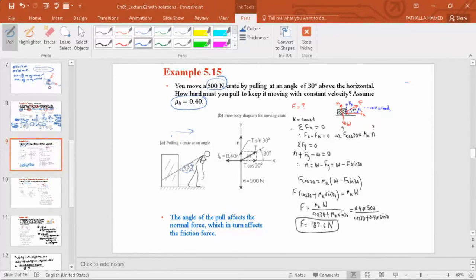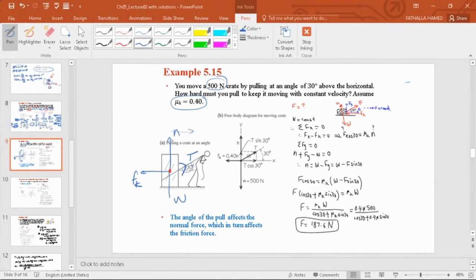So if we do that, we're going to do a free body diagram. And as I told you, always go to the center of the mass. Weight is down. Normal force is up. Tension is this way. And in this case, you only have friction, and the friction is basically operating in the opposite direction.